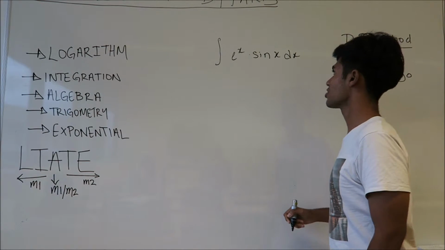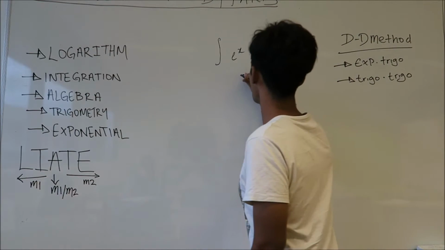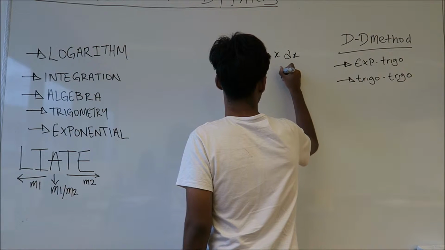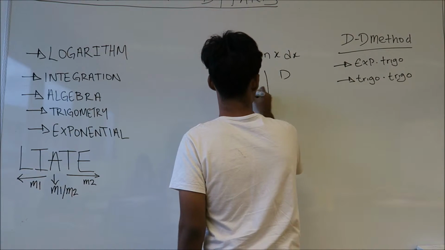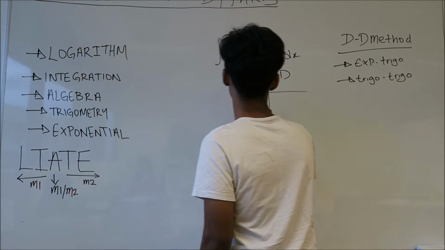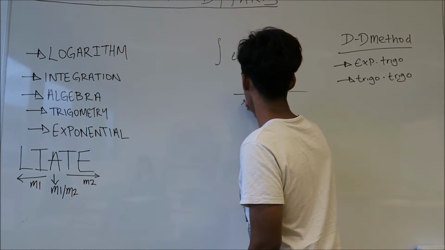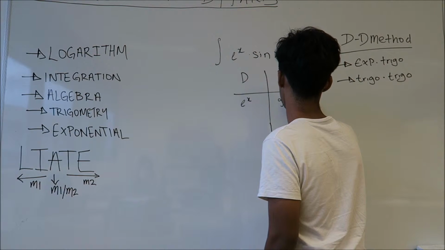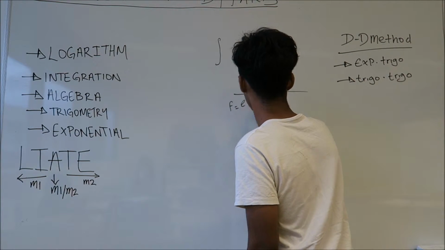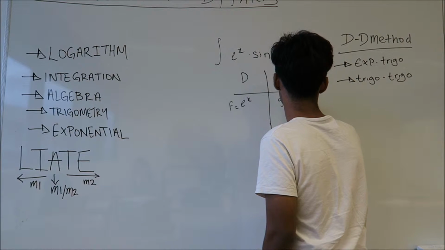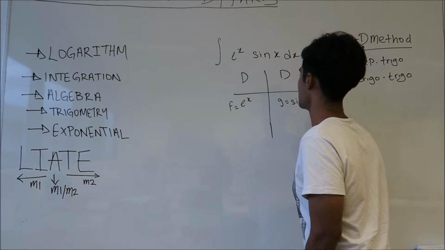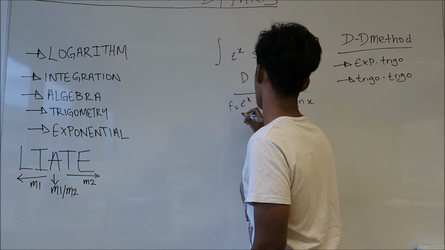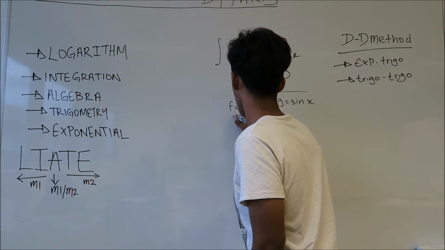To approach this question, first we will have to draw a table. We let f represent the exponential function and g represent the trigonometric function. We then proceed to differentiate both functions a total of 2 times.